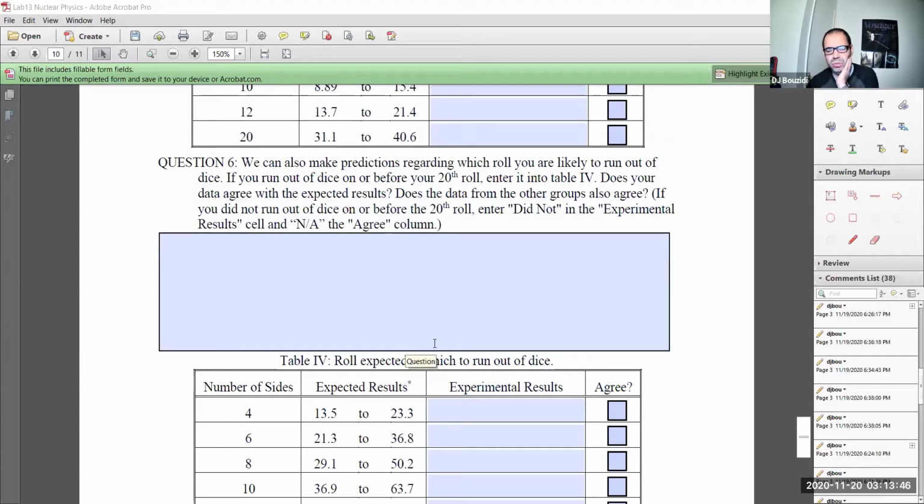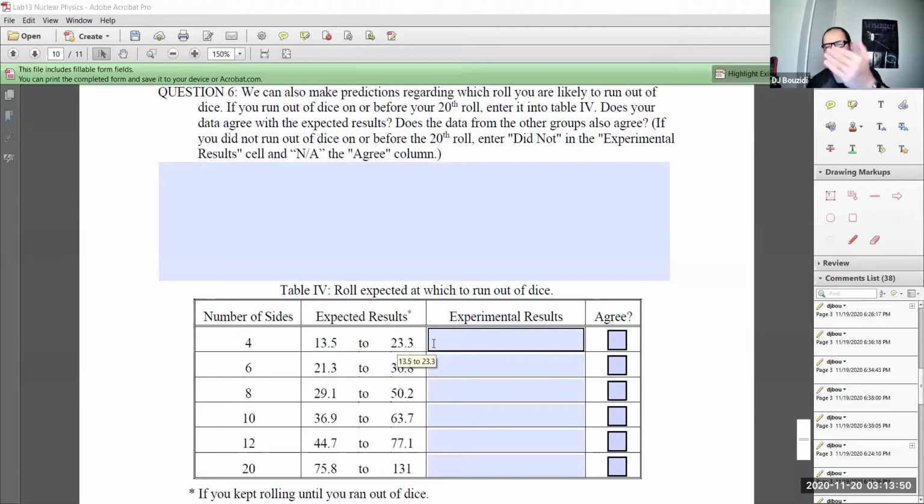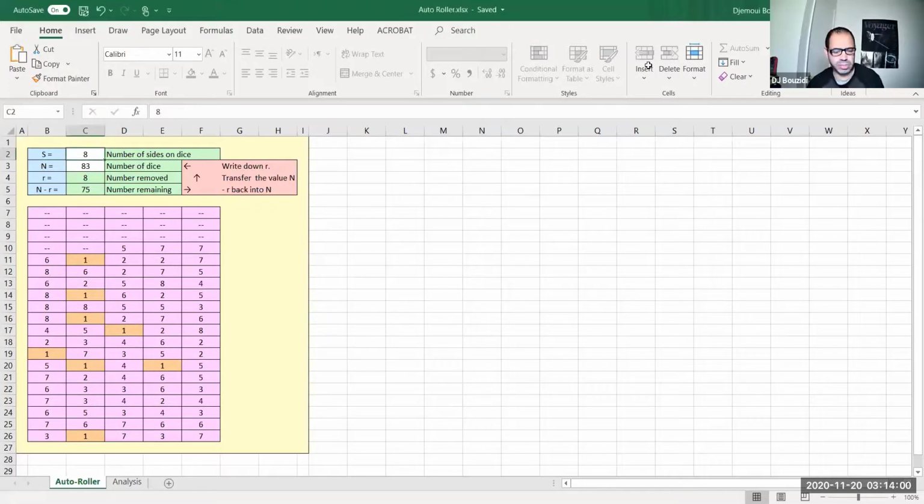It's a good idea to do both experiments at the same time. While you're doing this, you could continue to see when you run out of dice. Remember, at the end, let me go back into my simulation. Let me put back the 6 in here, and the 2 in here. This was the 20th run when I did that.